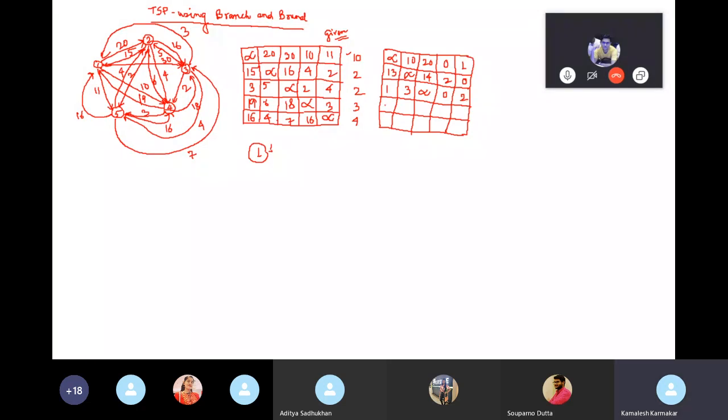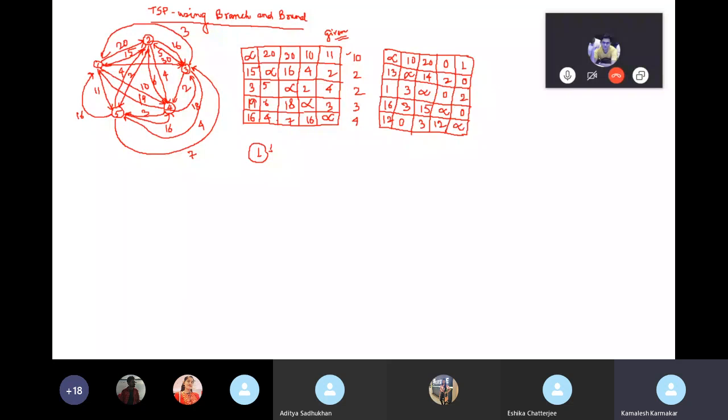Similarly, the fourth row, it's a 3. So 16, then 3, then 15, infinity, and 0. In the next row, it will be 12, 0, 3, 12, and infinity.